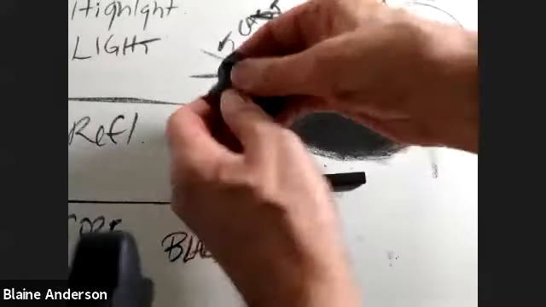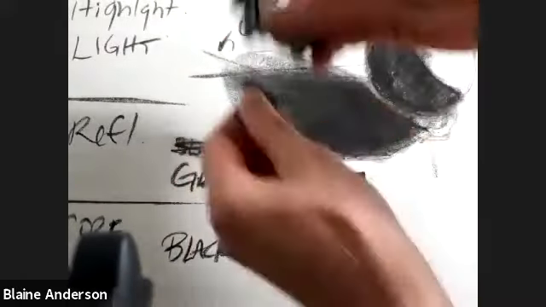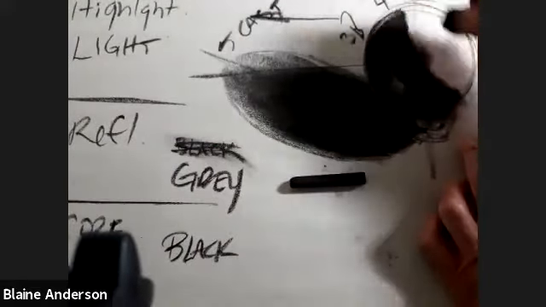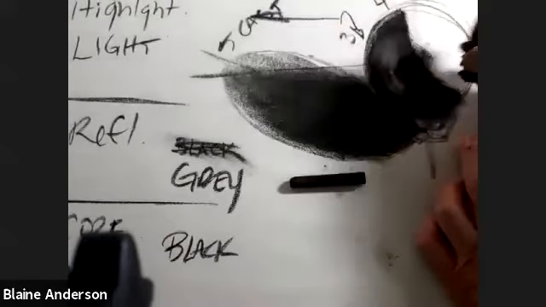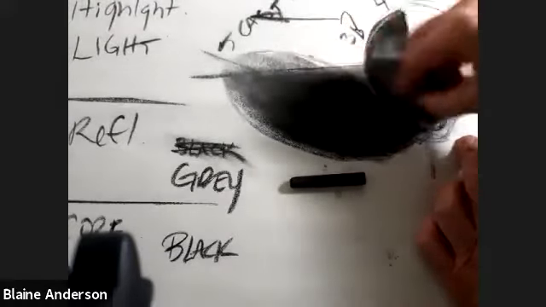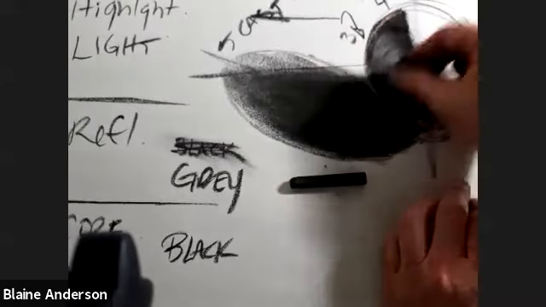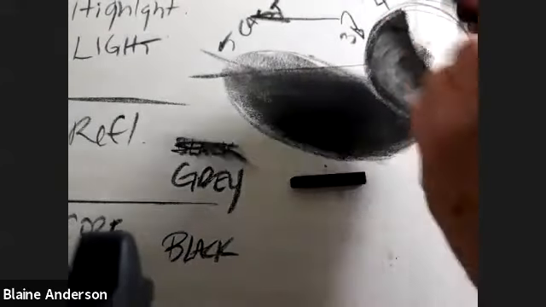I go get my kneaded eraser. I stretch it out a little bit and I tap it around in here, or I actually do contour lines down in here. And pull some charcoal up off of that. When my eraser gets dirty, I have to knead it again.